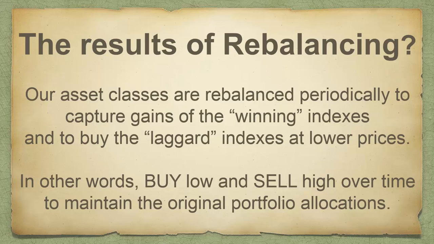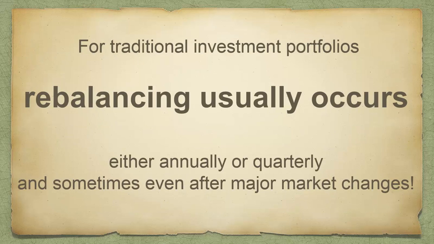In other words, we want to buy low and sell high over time to maintain the original portfolio allocations. Now, for traditional investment portfolios, rebalancing usually occurs either annually or quarterly, and sometimes even after major market changes.